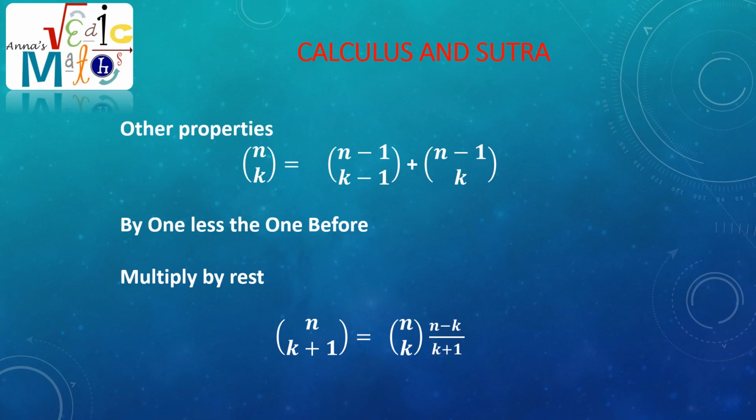By the sutra multiplied by the rest, we have that n elements taken k plus 1 at a time is equal to n elements taken k at a time multiplied by n minus k divided by k plus 1. So, in this case, we can find the class that comes next.